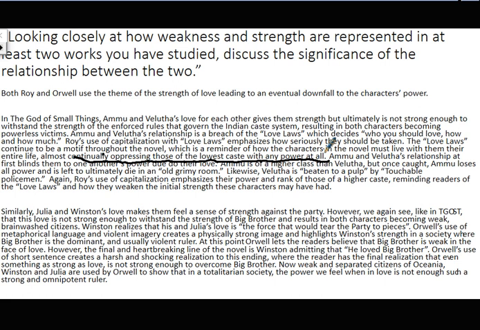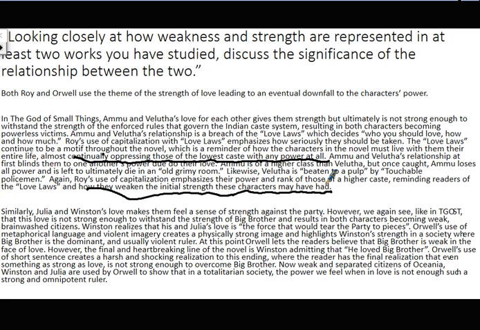And then we also have how they weaken the initial strength these characters may have had. Again, you might want to watch the criteria C video because we talk about how step 3 of our analysis of quotes should be the one that links to your thesis to explain how that evidence supports your argument.